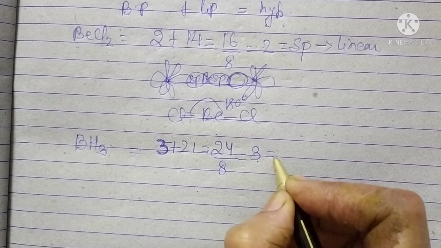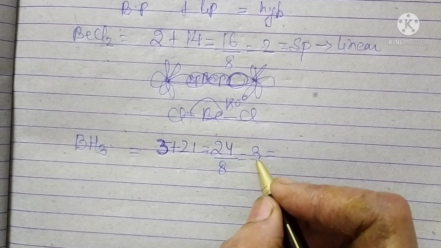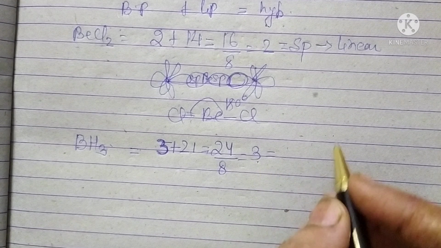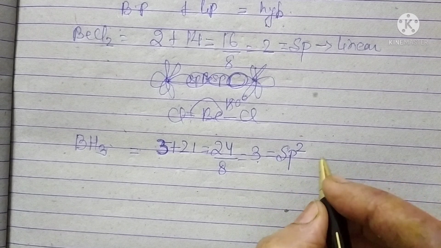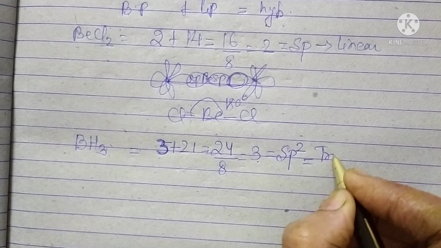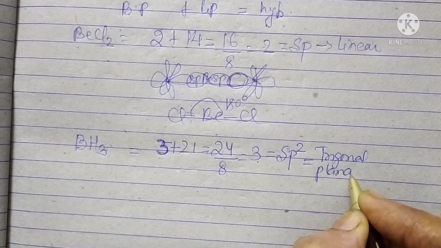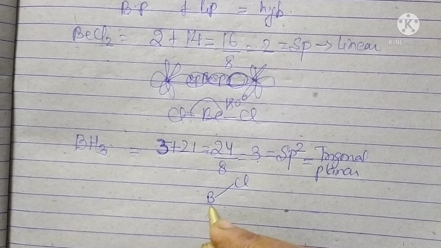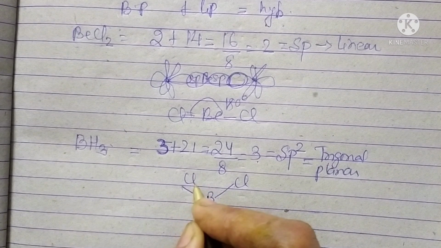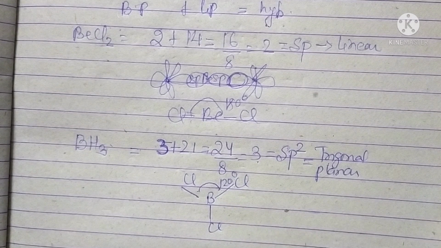It is completely divisible, so it contains only bond pairs of electrons, and the hybridization will be sp2, and the shape of the molecule will be trigonal planar. This will be the shape: boron with three surrounding atoms, with a bond angle of 120 degrees.